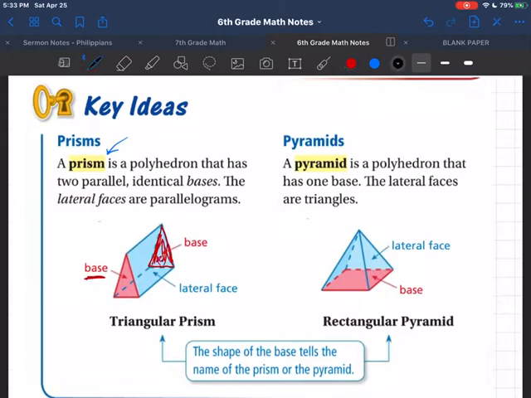Okay, and what it means by parallel is if you think of this as a tent. This is shaped like a tent, right? If you think of the front and the back of a teepee style tent like this, they run completely parallel.